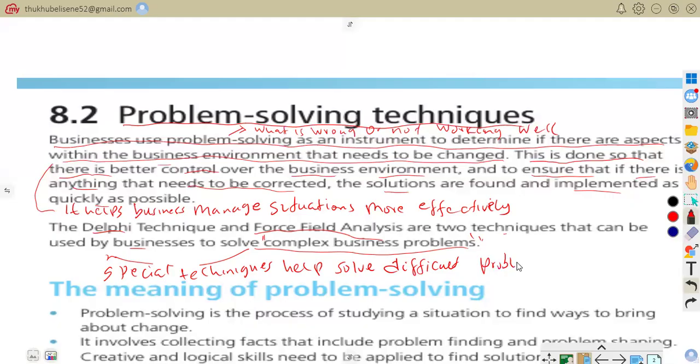For example, we can use experts to improve product quality. Hope you're together, people.